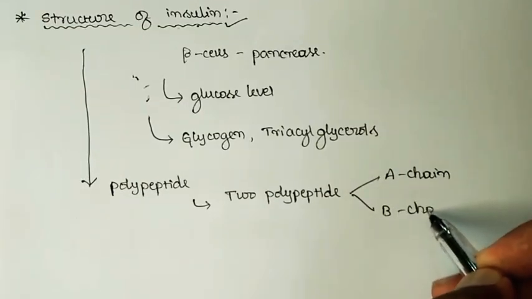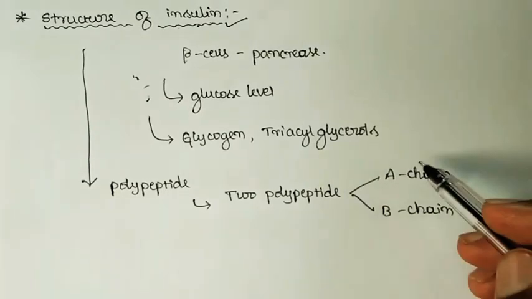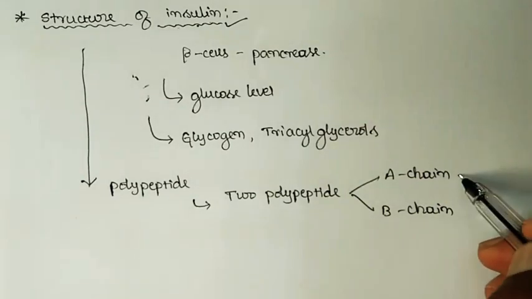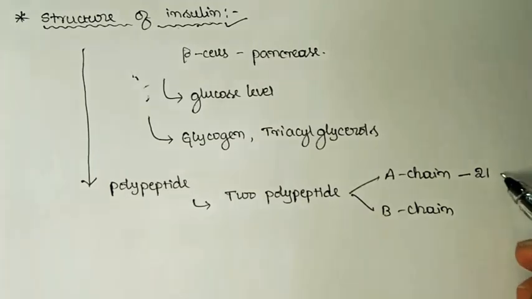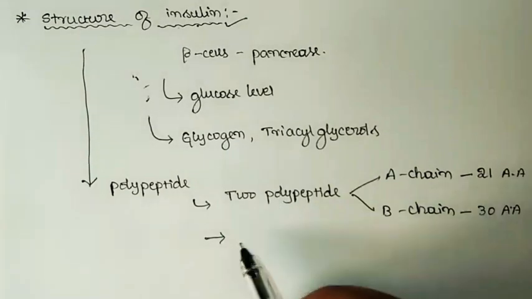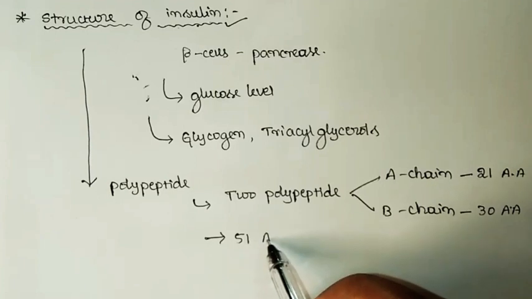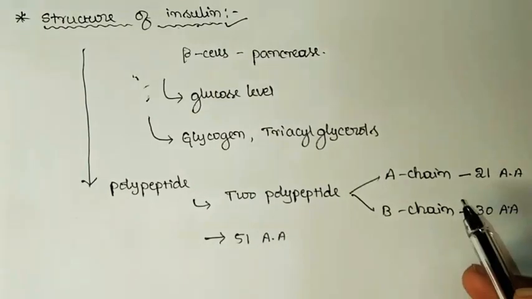In A chain, there are 21 amino acids present, and in B chain, there are 30 amino acids present. So in total, insulin consists of 51 amino acids.